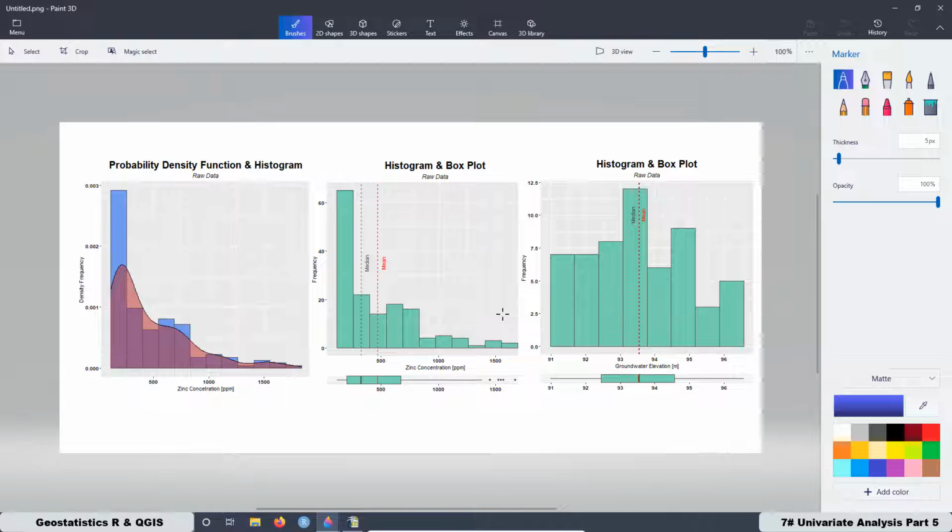Then we already saw different tools to see if our data is normally distributed. The first one was the histogram, where we can see the distribution of our data. As you can see, for example, this one is not normally distributed, but here the distribution is pretty normal. Also, if the median and the mean are very close to each other, it is indicative of normal distribution.